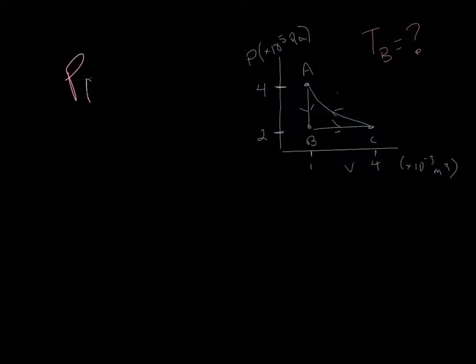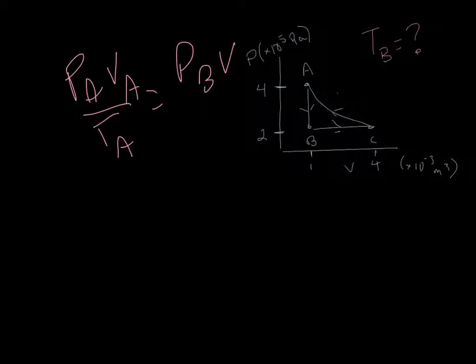You can also say P_A V_A over T_A is equal to P_B V_B over T_B. The nice thing about that is your volume during this is not changing, so the volumes disappear.